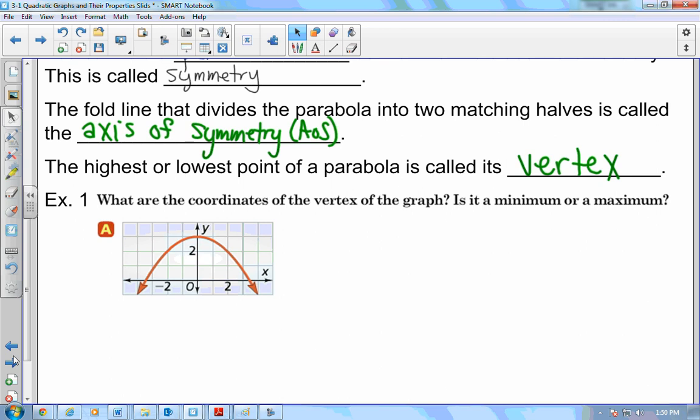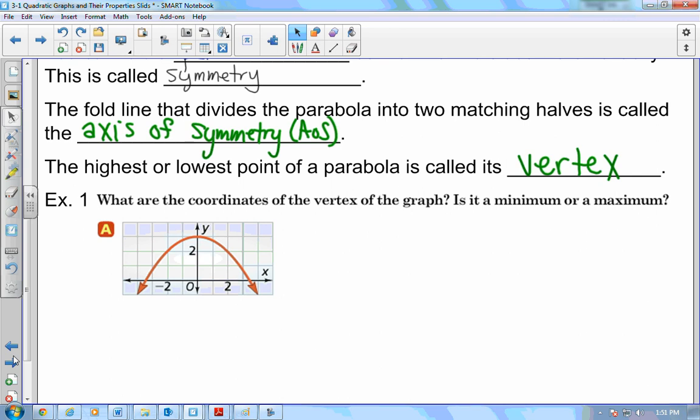Coordinates are those in parentheses. We have an x coordinate, comma, y coordinate. So you should have two numbers. X, comma, y. Give yourself a note at least of what you're answering.